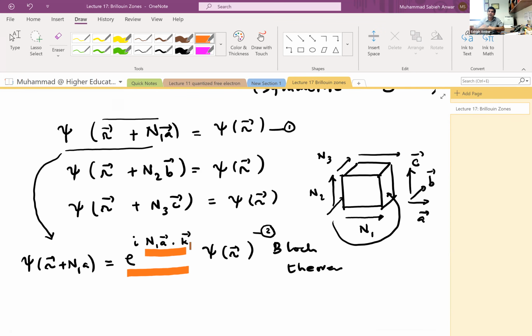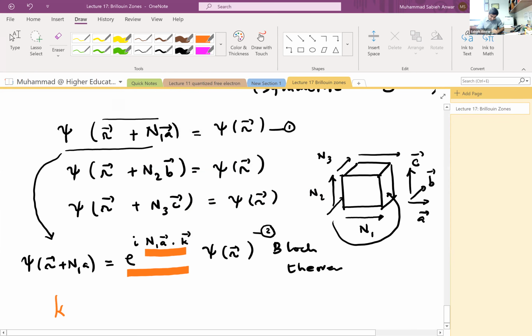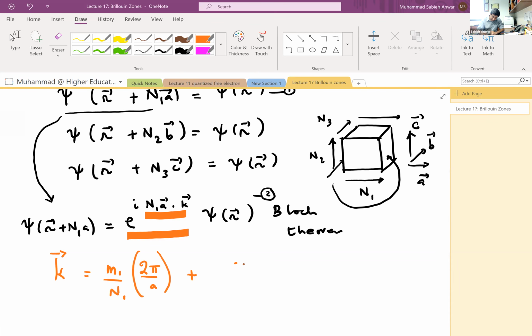They are not arbitrary. And what values could they pick up? Now, since k is a three-dimensional vector, k has to be equal to some multiple of 2 pi over a, some integer m1 over n1, plus, and I can put a unit vector with this.